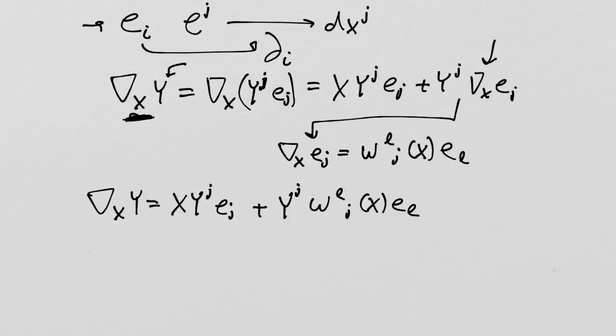Now we could take this one step further, and up here where we had this expression, we could have done this. We could have said y^j del x^k e_k e_j, like that.